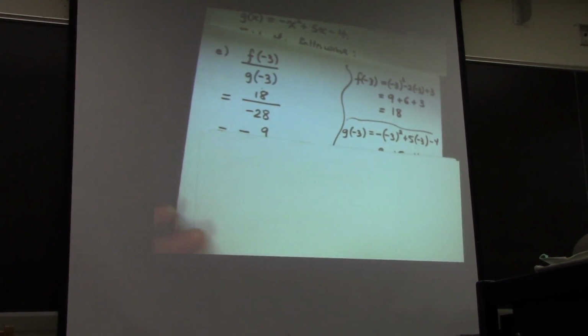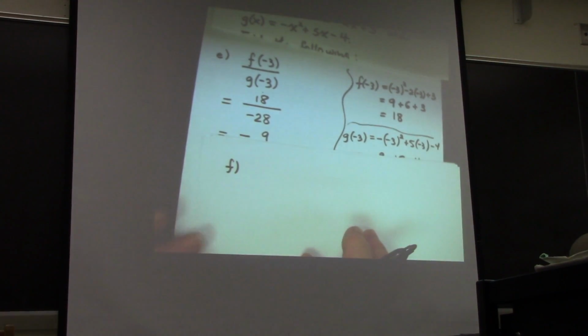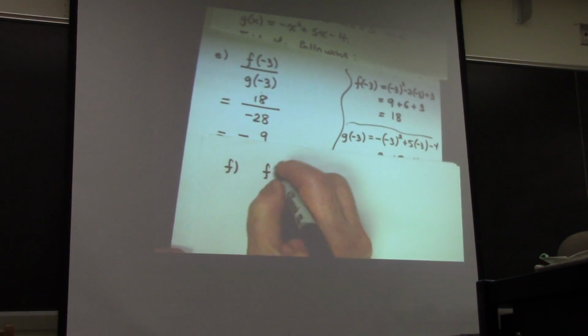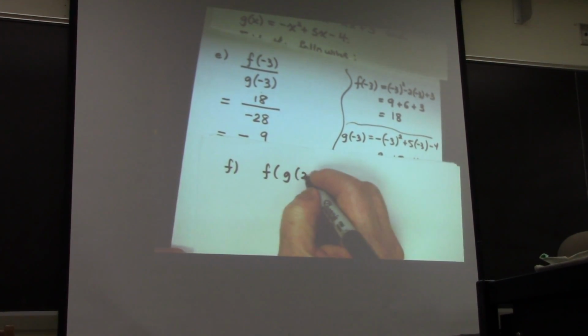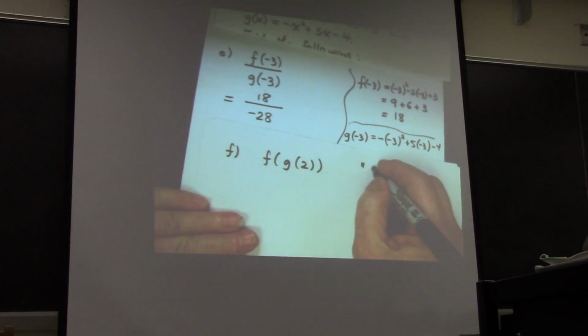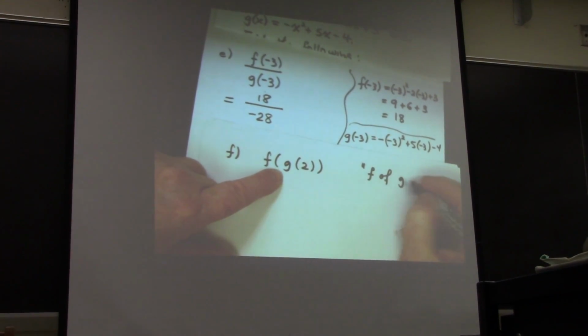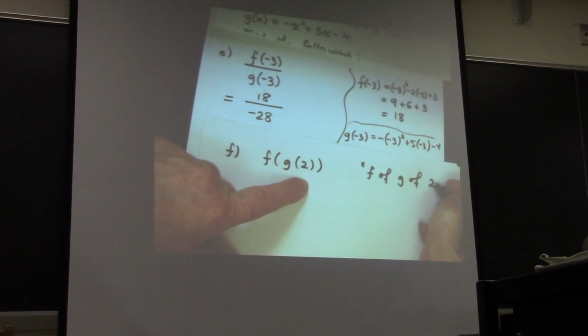Okay, let's look at this. It's going to lead into something we'll do later. Now, how would we even read this? Yeah, f of g of 2.